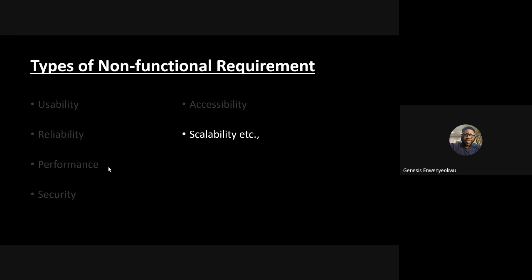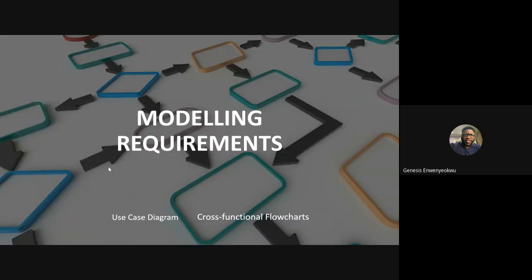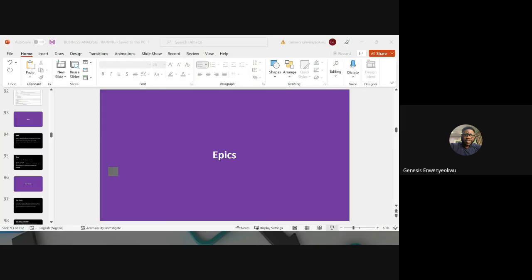So when the system scales, it scales up its server to accommodate those requests. And when the system has very few requests, it can scale down to ensure that we are utilizing resources on the server end. That is it about non-functional requirements.